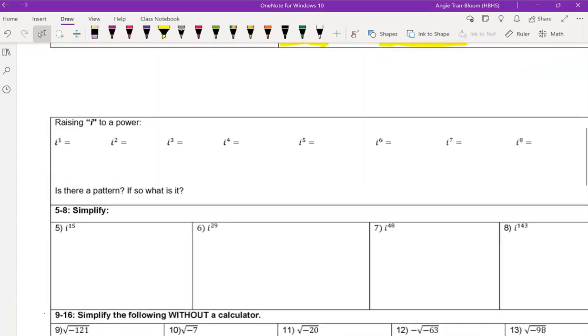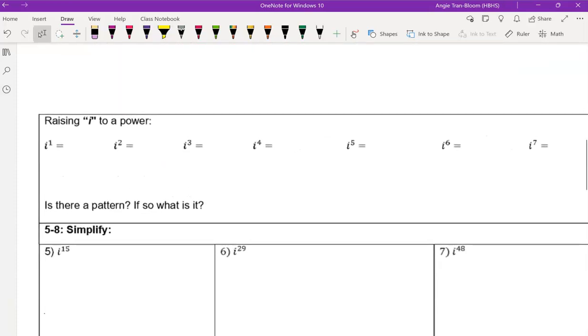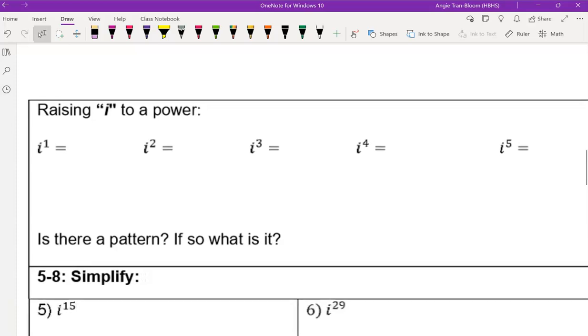Example, raising powers of i. So i to the first power is i. i to the second power is the same thing as i times i, that's i squared, but we can't leave it like that. We have to simplify further. Remember, i is square root of negative 1.